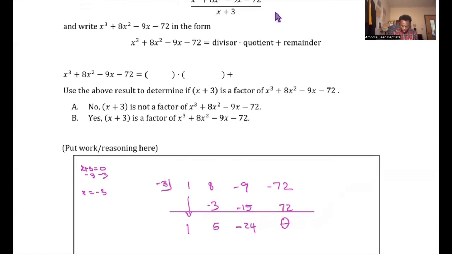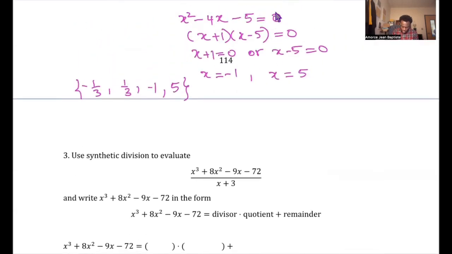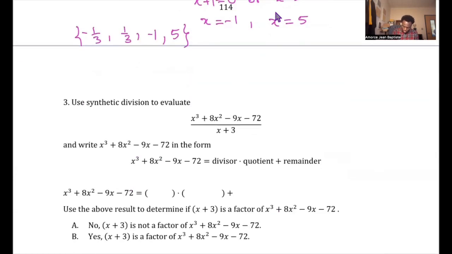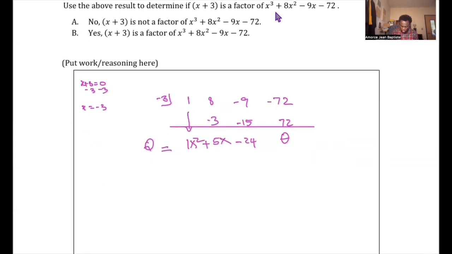And the degree of the quotient, so quotient here, with the degree being 3 minus 1, 2. So that's going to be x squared plus 5x minus 24. That's the quotient.